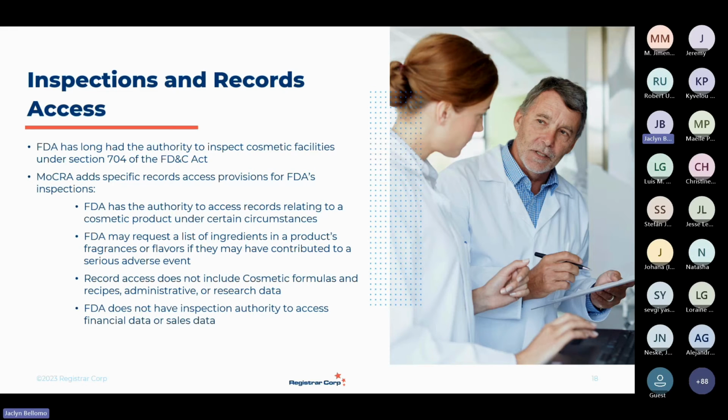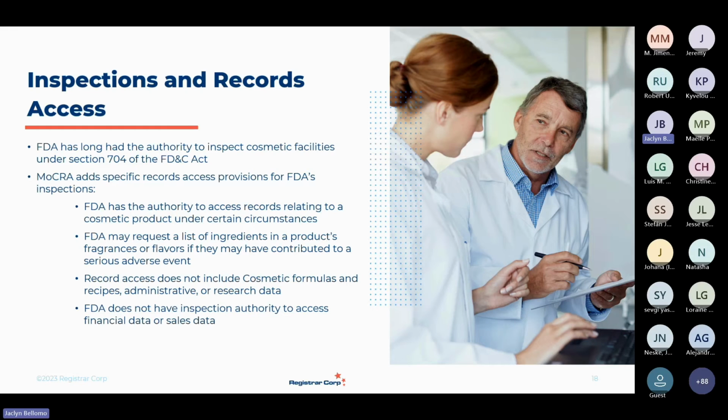A responsible person on a pack is responsible for receiving adverse events and for reporting serious adverse events to FDA. It is very important for facilities to understand the responsible person's record keeping and serious adverse event reporting if that product is being made at their facility.